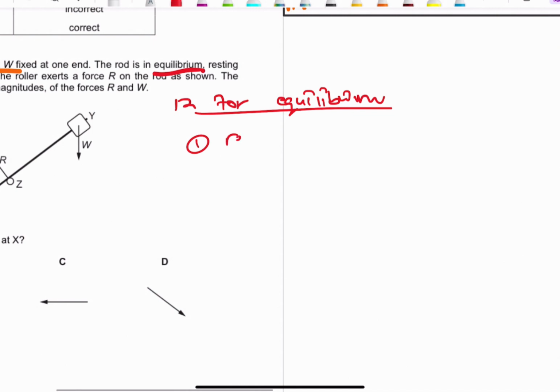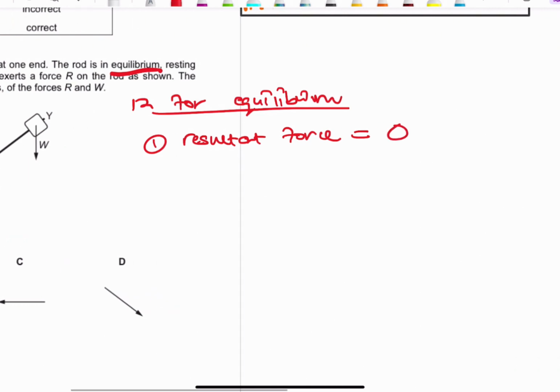Number one, the resultant force should be equivalent to 0. How do I ensure that the resultant force is equal to 0? Pretty easy. Create a closed triangle. What does it mean to create a closed triangle? Basically, it must be cyclic.